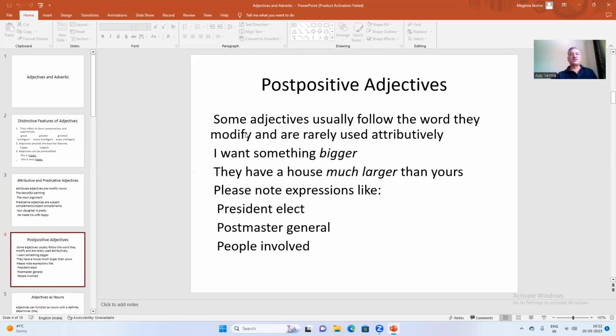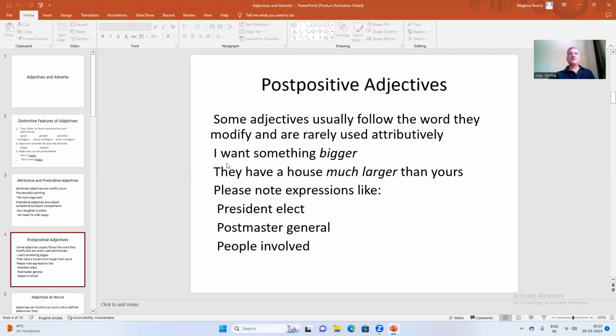For instance, in such expressions as president elect, postmaster general, people involved, we have many such expressions where, in a way, we can say the adjective is attached to the noun. It follows the noun immediately. So these adjectives are known as post-positive adjectives.